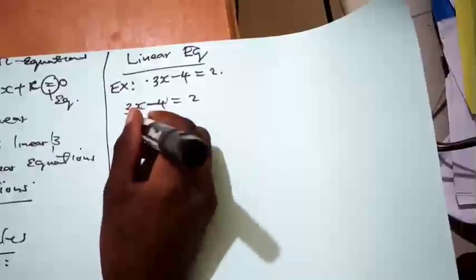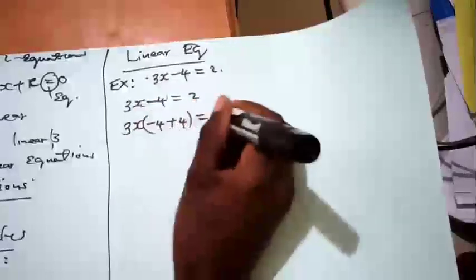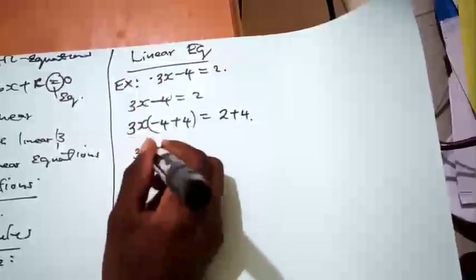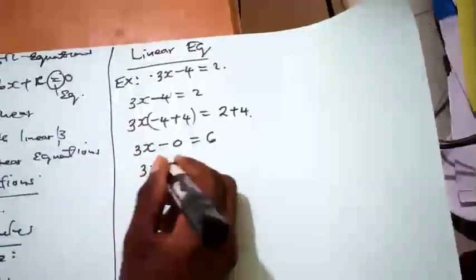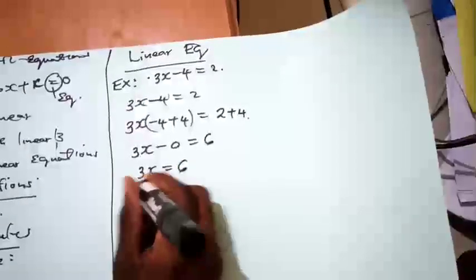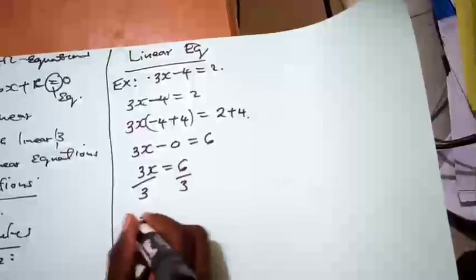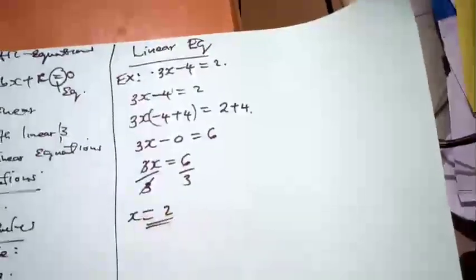We take 3x minus 4 plus 4, which is going to give us 2 plus 4. In that case, we are going to have 3x minus 0, so it is going to give us 6. So 3x equals 6. So we apply the division rule. We divide by 3. In that case, x equals 2. So that's our value for x.